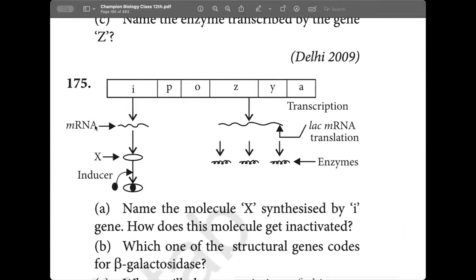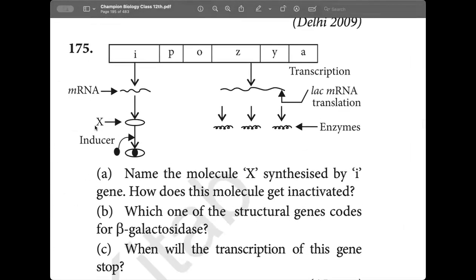What does Y code for? Permease. And A codes for transacetylase. Okay, perfect. Even if you remember this much, it's fine for your boards. But for entrances, you need a very clear picture in your brain.